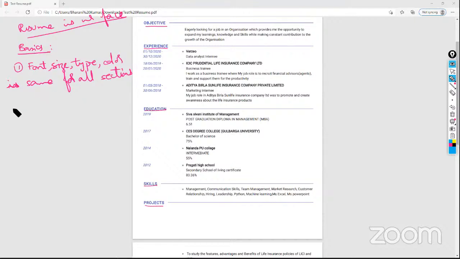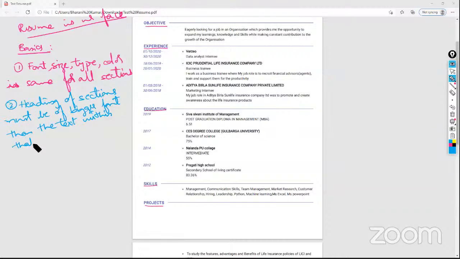Second thing, the headings of sections must be of a bigger font than the text within them.